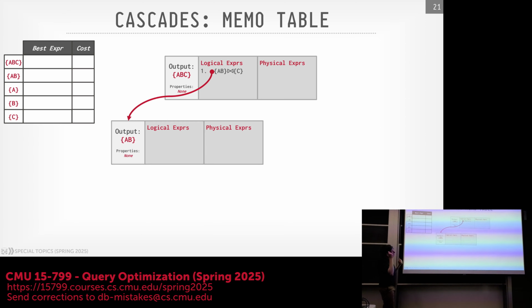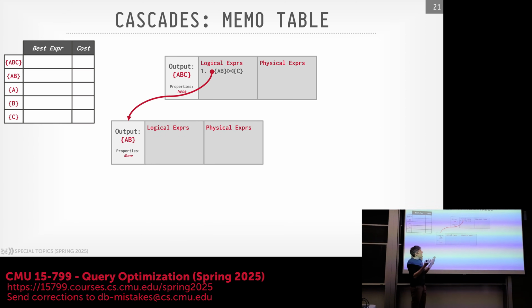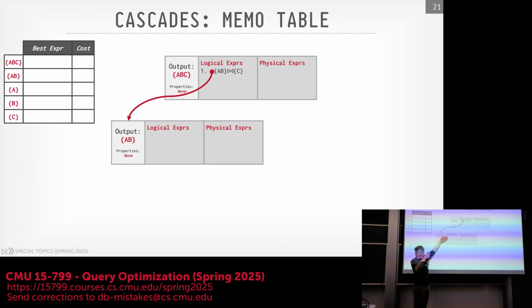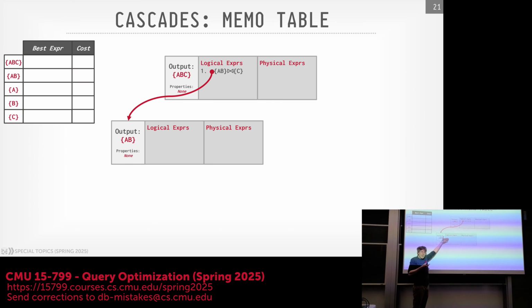And so say that, based on the promises, we would say, well, we'd rather explore how we're going to join A and B rather than just enumerate all possible join orderings for this point in the tree, right? Because with logical expressions, there's no cost at this point. I can expand them out like in Volcano, but it actually doesn't help me.